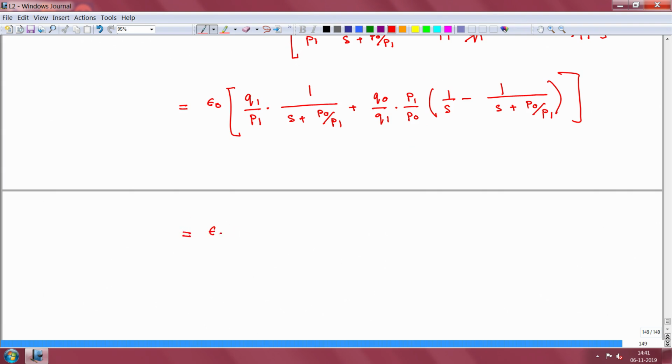So, you have basically two separate rational functions. One is q naught by p naught, 1 by s. Sorry, this is not q 1, this is p 1. Then you have the other part which is 1 by s plus p naught by p 1, and that is q 1 by p 1 minus q naught by p naught.